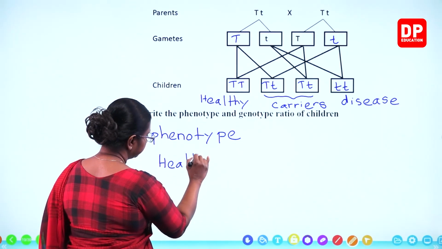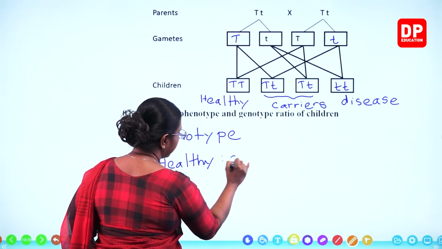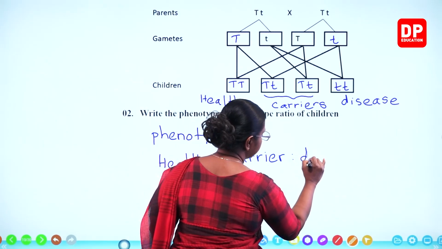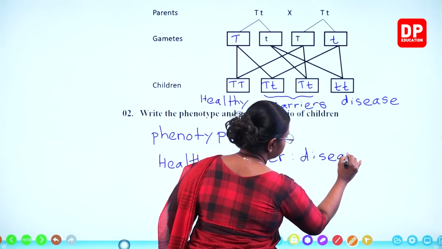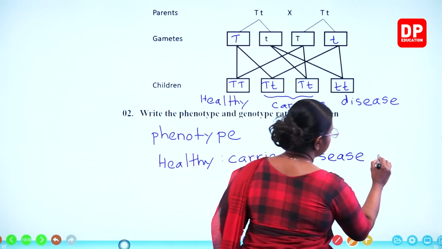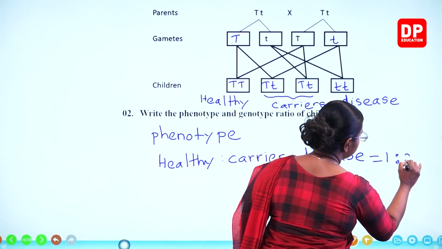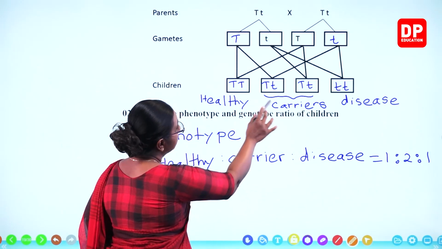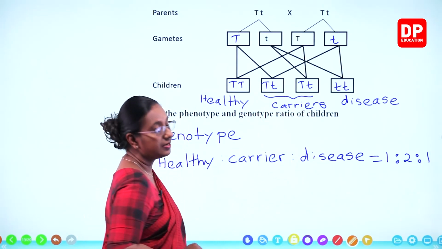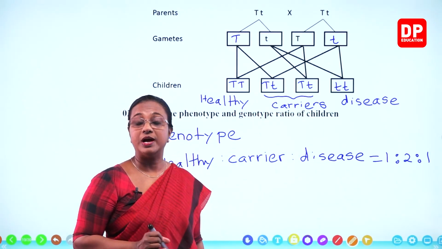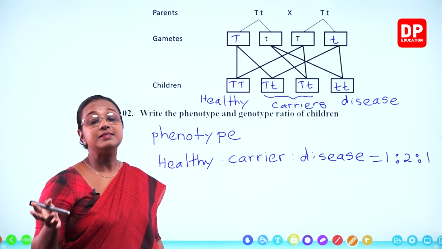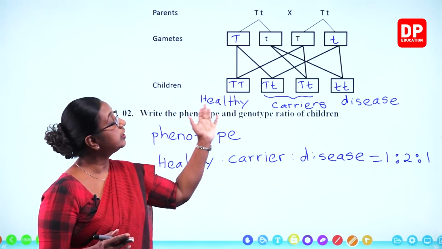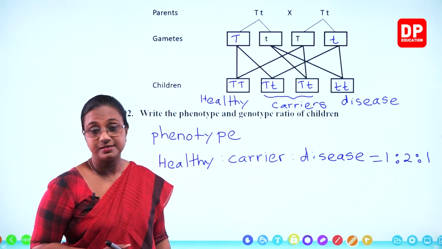Healthy is to carrier is to disease. That is going to be 1:2:1. So here 1 healthy, 2 carriers and 1 disease. 1:2:1. The normal Mendel's ratio that you observe when you have the 2 heterozygous parents.